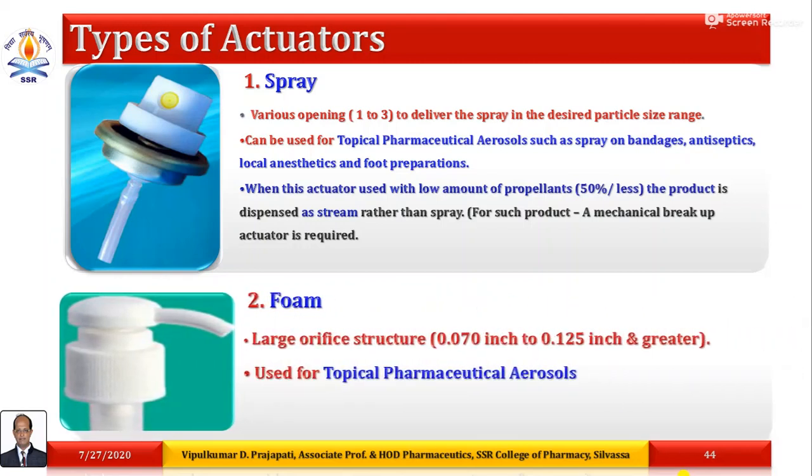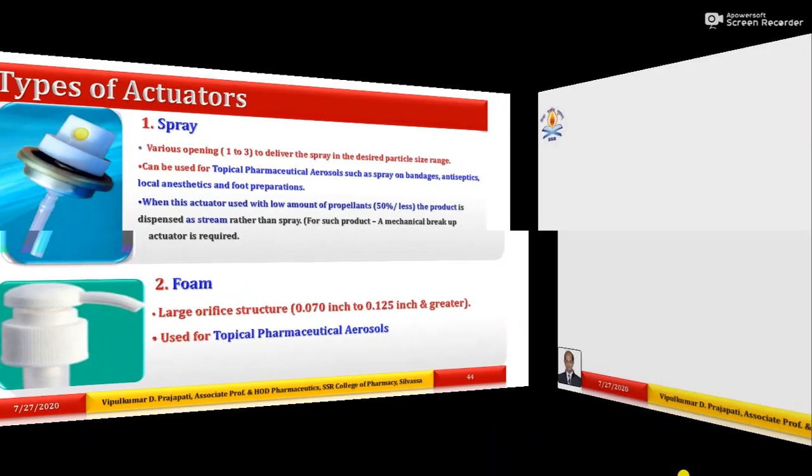The second type of actuator is the foam actuator. They have a large orifice structure, normally 0.070 inch to 0.125 inch and greater. They are used for topical pharmaceutical aerosols.